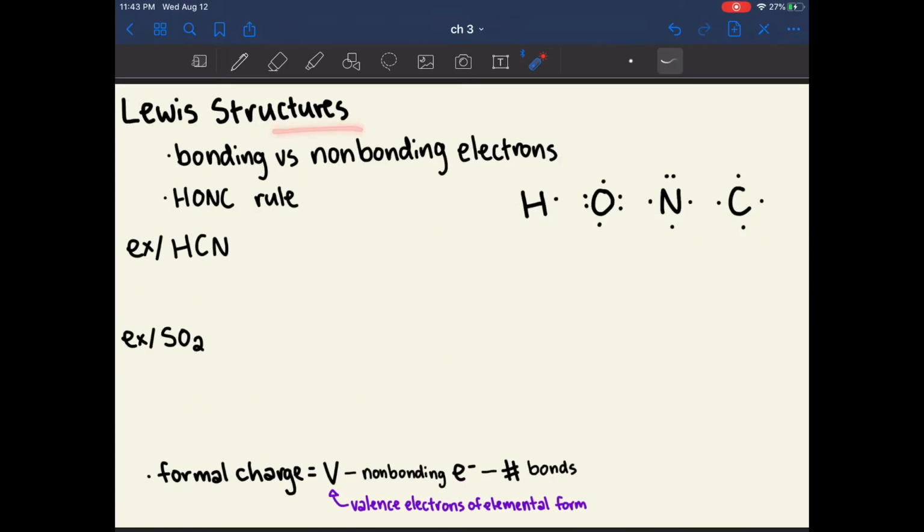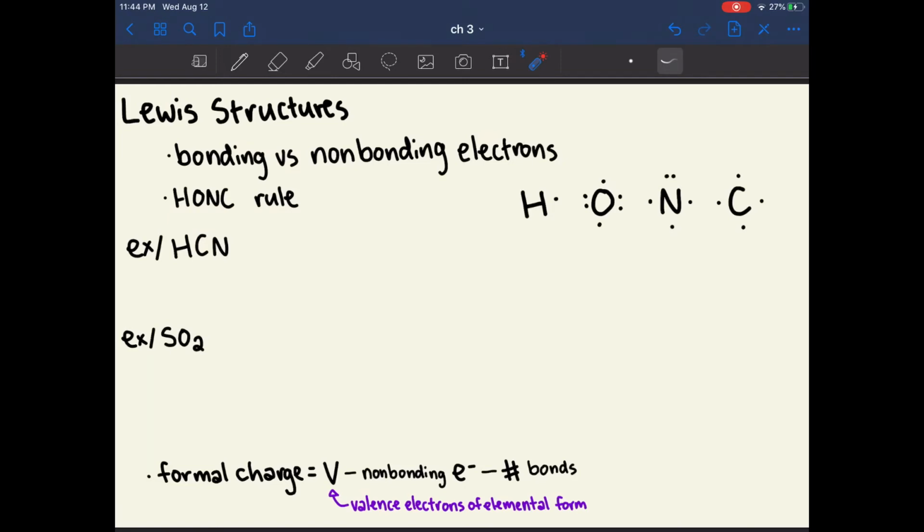Lewis structures can be a helpful way of drawing out a molecule to keep track of the bonding versus the non-bonding electrons. So the bonding electrons are electrons shared between 2 different atoms, and the non-bonding electrons are also known as lone pairs because they're off on their own and they're not bonding with anything. So a good rule that I like to keep in mind is the HONC rule.